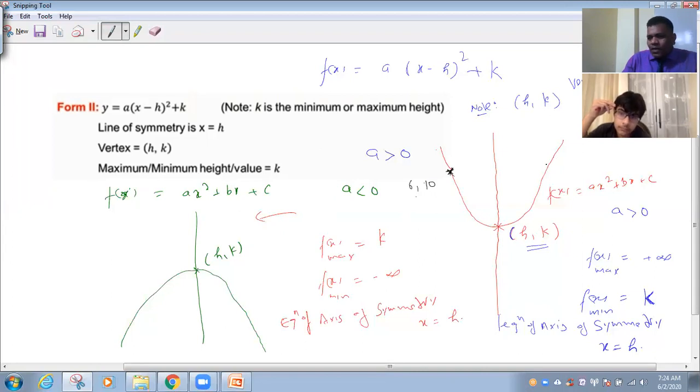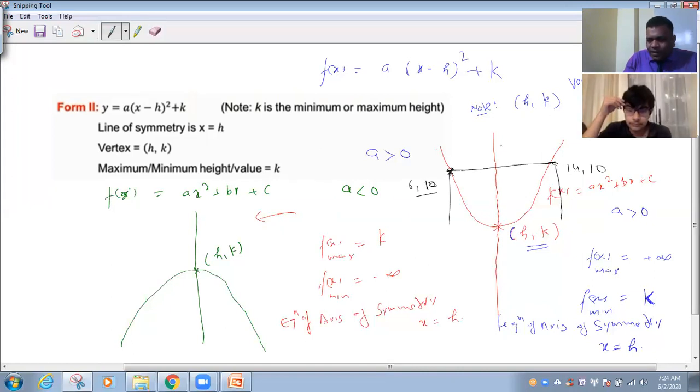And the coordinate of this point could be anything, let us say 14, 10. So I'm taking a line which is parallel to the x-axis because you can see the y coordinate is the same. So this height is the same, okay.